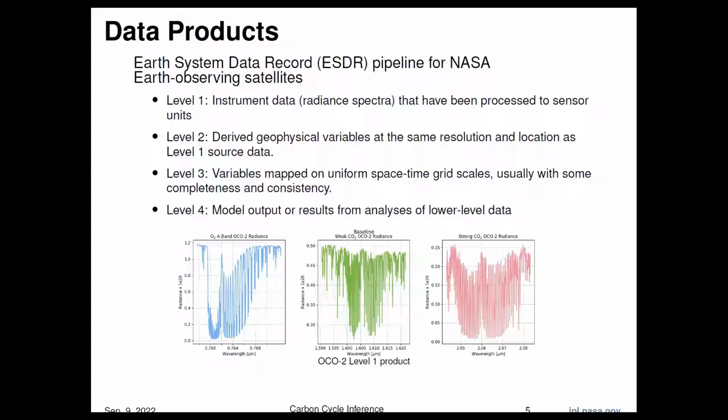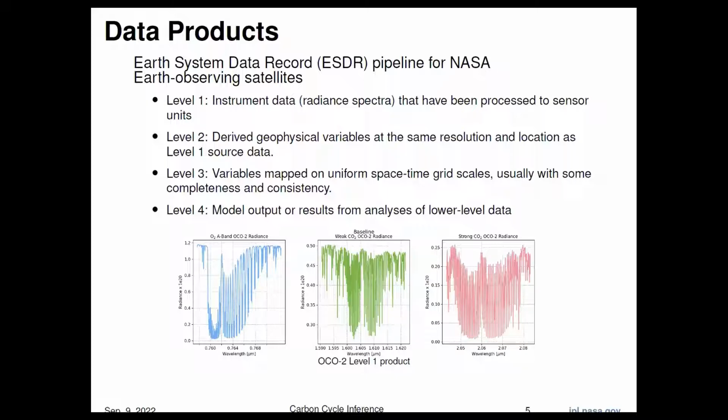And then level 3, in terms of scientific interest, is the same quantities of interest as level 2, but they're often mapped to more user-friendly space-time grids that have some regularity in their space and time resolution.